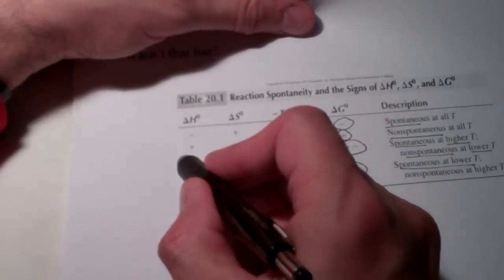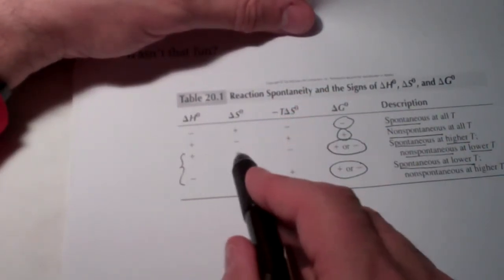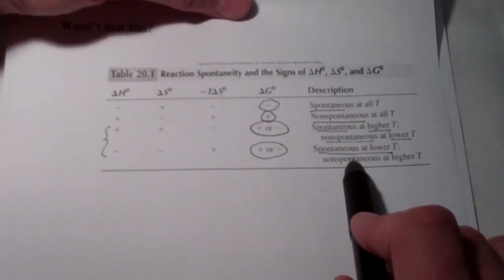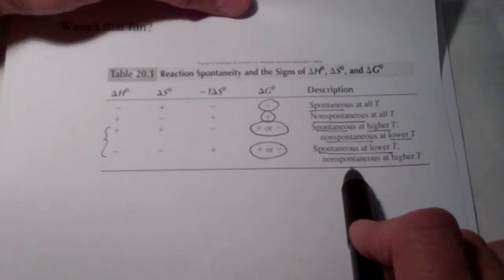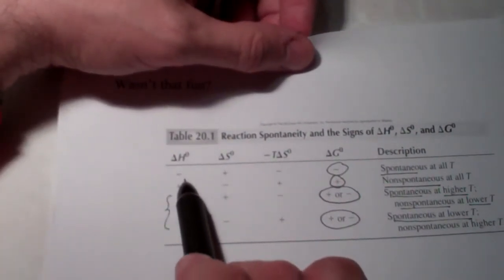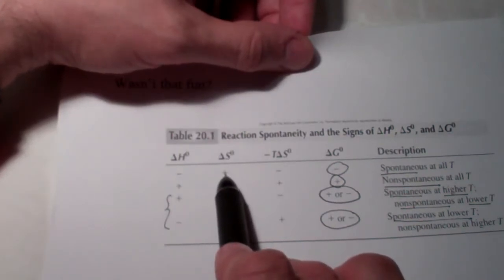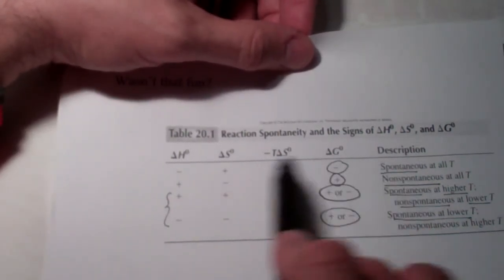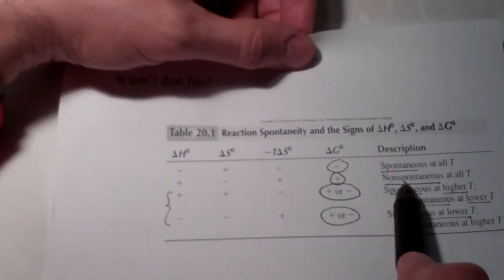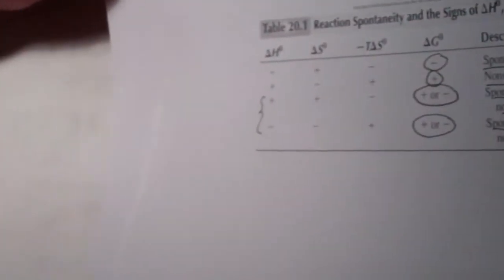So it turns out when the signs of delta H and delta S are the same, those reactions are temperature dependent as far as their spontaneity is concerned. When the signs are opposite, delta H is negative, delta S is positive, those are always spontaneous, or delta H is positive and delta S is negative, those are always non-spontaneous.